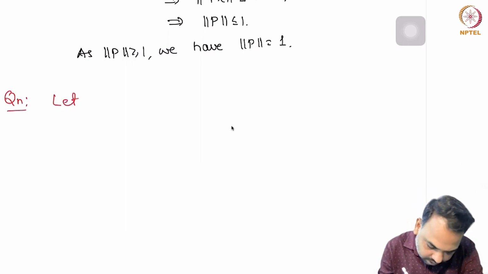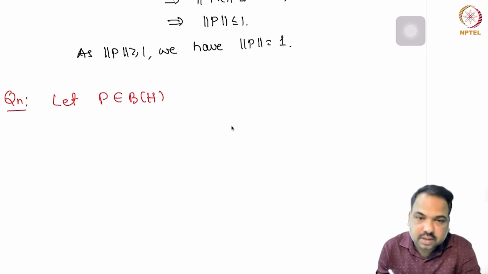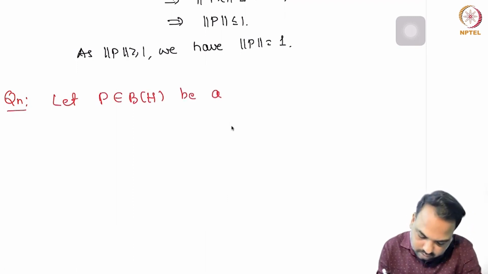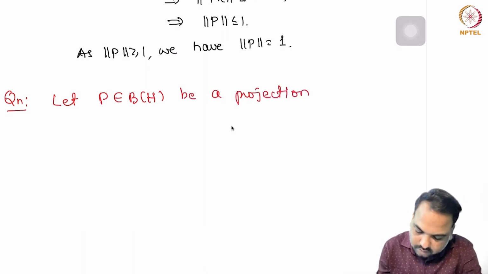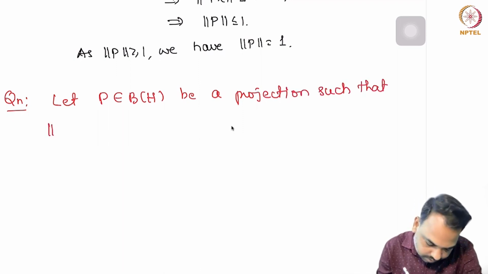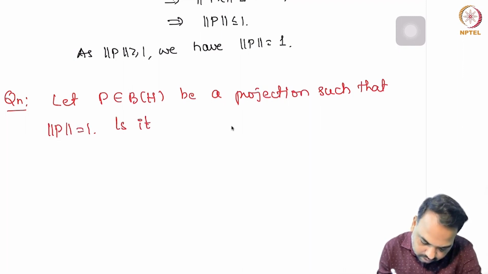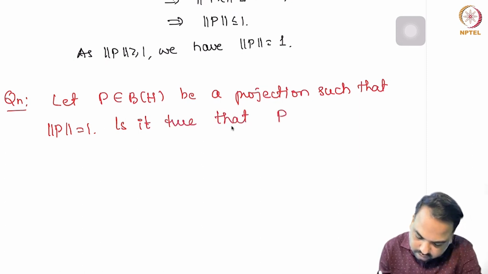Let P be a non-zero projection such that norm of P equals 1. So is it true that P is orthogonal?